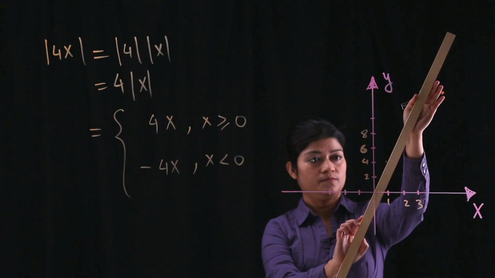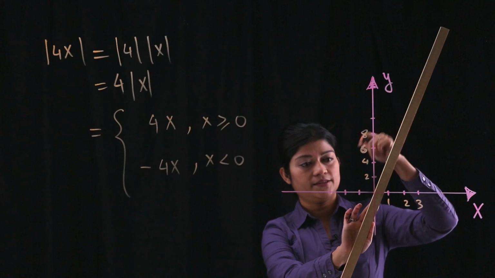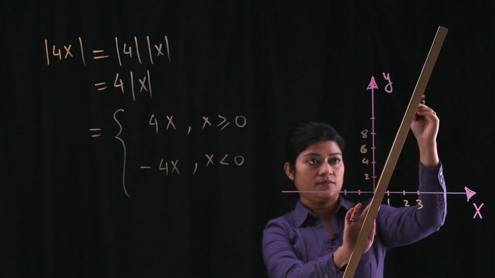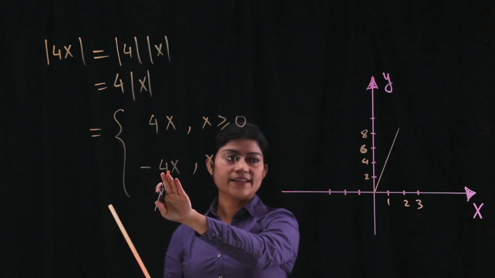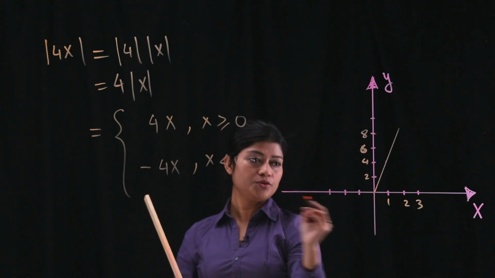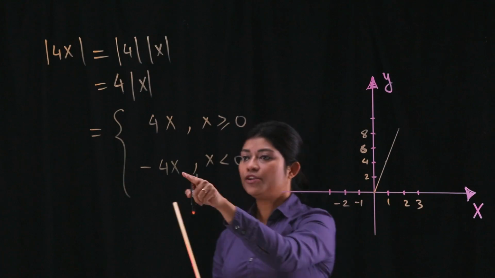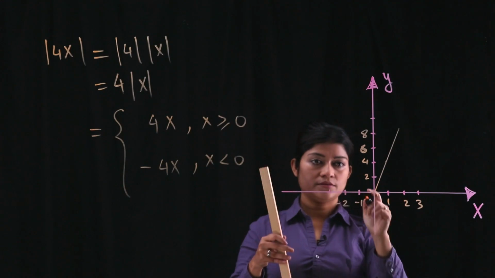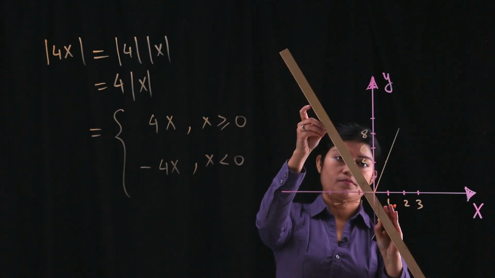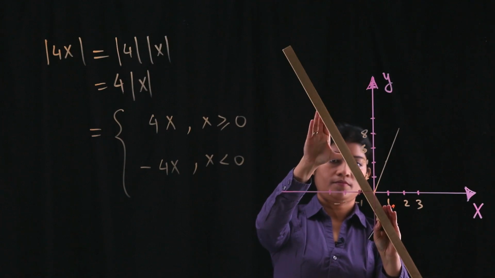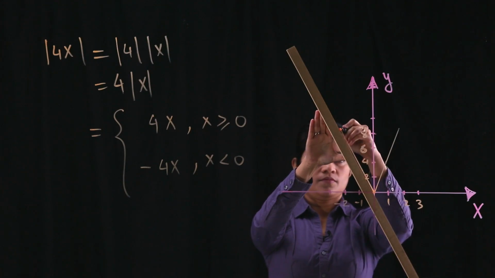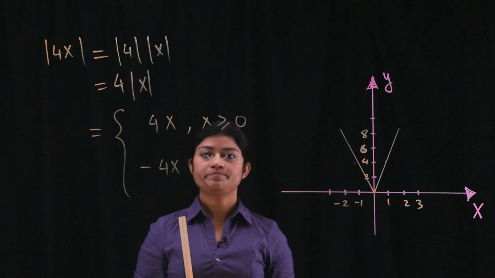On the positive side, it will look like this line. For the negative, at -1, the value will still be 4. At -2, the value will be 8. So this is the V that you will get.